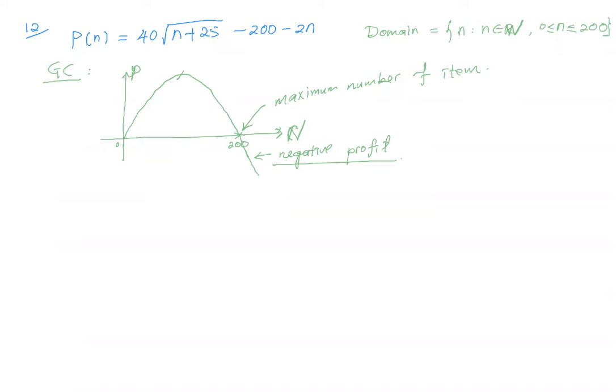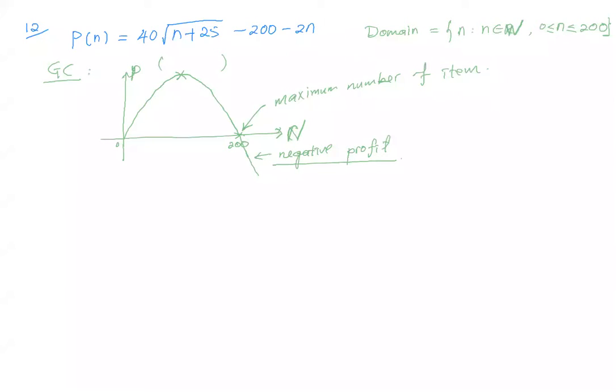Okay, so now can you find the coordinate of this point? Can you find the coordinate of this turning highest point, using your GC second trace maximum? Left bound, right bound. Exactly 50. Oh, you are lucky. No. Y is 50. X is not 50.